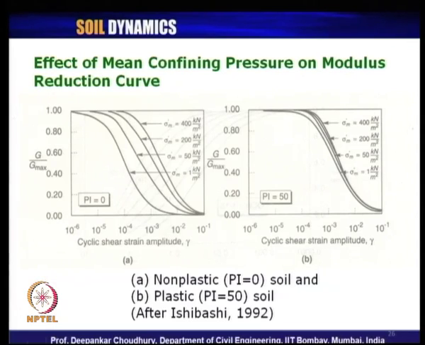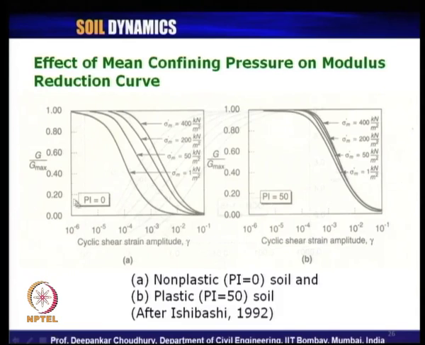And the effect of mean confining pressure on the modulus reduction curve is given by Ishibashi in 1992, mostly for Japanese soil. The earlier one was mostly for California region soil. The Vucetich and Dobry work is from California soil, they are from UCLA.